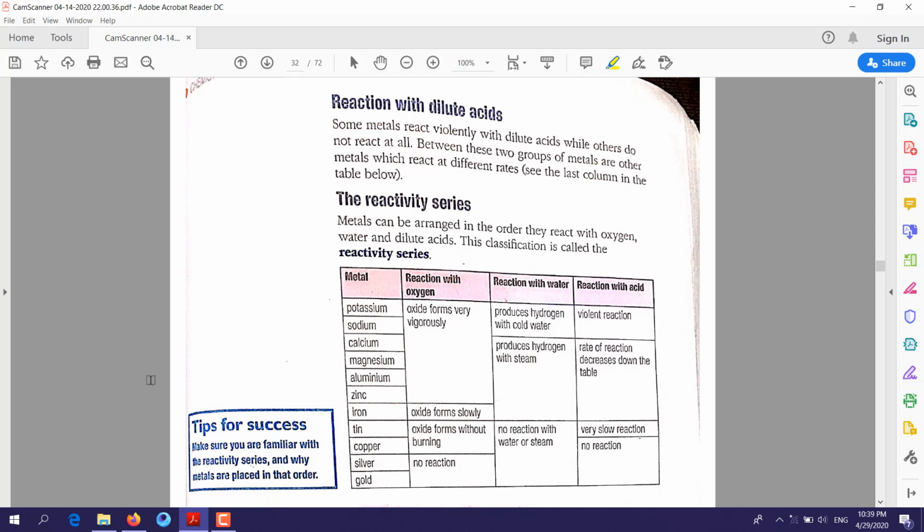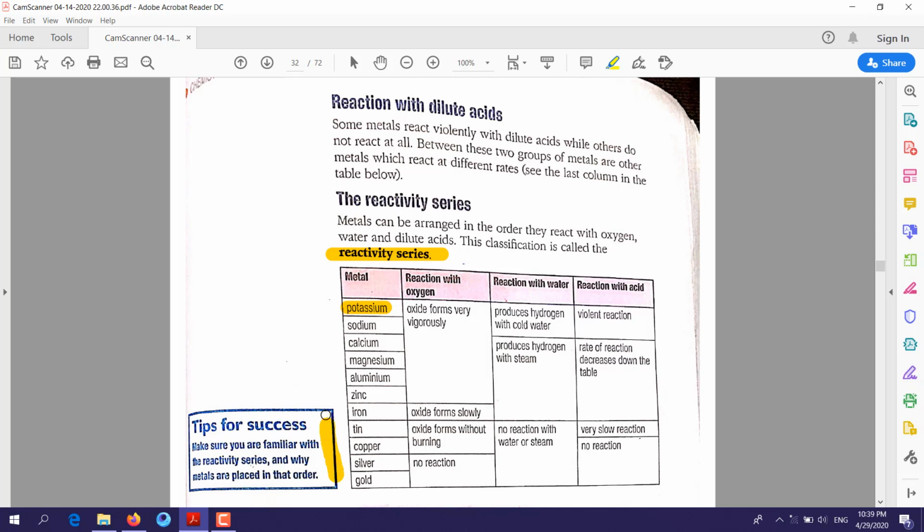They also react with dilute acids. Also here, we have something we call the reactivity series. What is the reactivity series? It's a scale that shows the reactivity of metals. Some metals are very reactive, so they come here, for example, potassium, sodium, calcium. These metals are arranged depending on their reactivity.